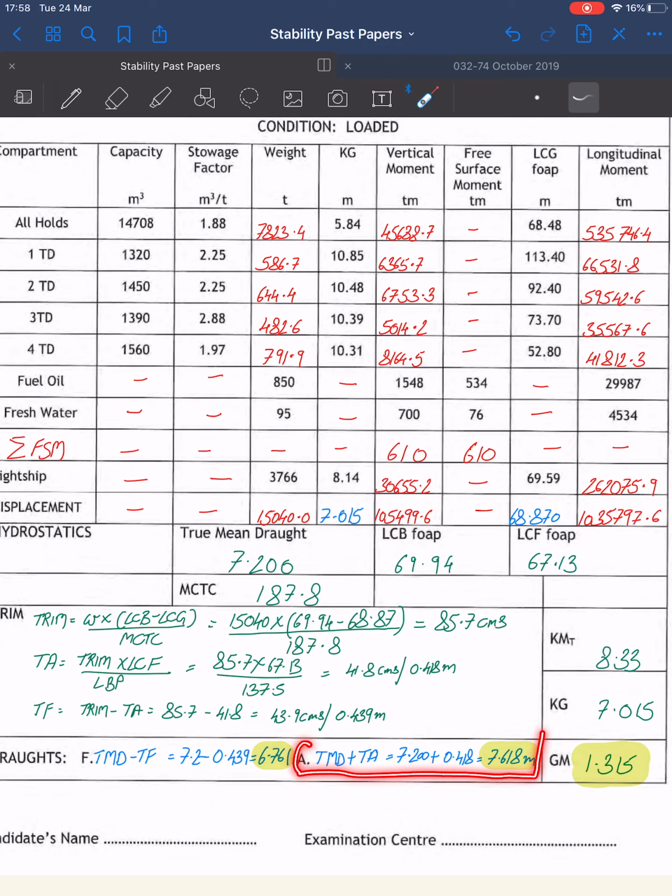So 7.200 meters, again from here, plus trim aft from here. Since the vessel is trimmed by stern, aft draft will be more than forward draft, which is why we add it. It gives me an answer of 7.618 meters.